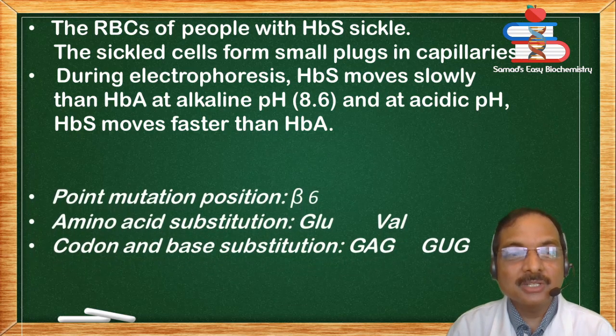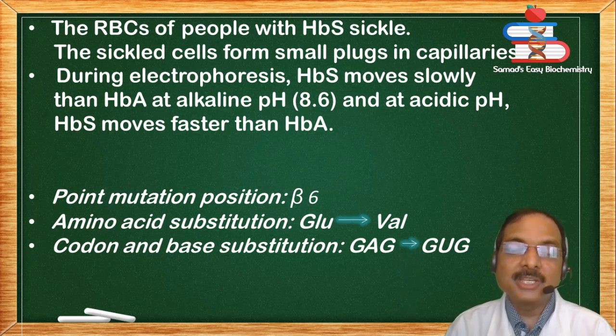So the point mutation for HbS is beta 6, the amino acid substitution is glutamic acid to valine, and the codon and base substitution is A replaced by U. So GAG is changed to GUG.